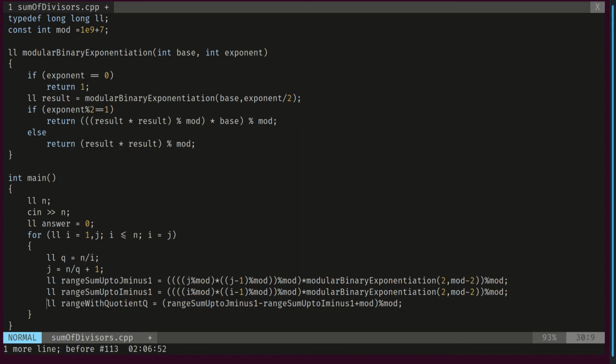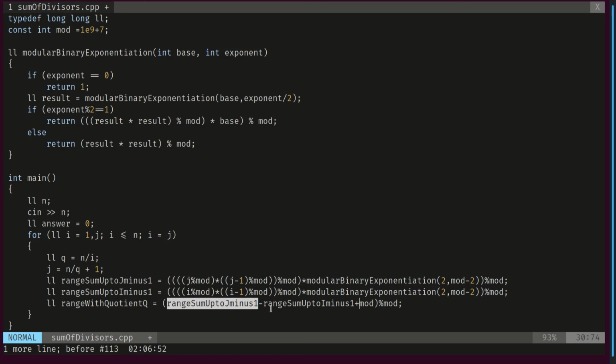So first I'm gonna compute the sum of this range, which is gonna be just the difference between the two. And notice here what I did. Whenever we are calculating some value modulo and there is a difference here, we always need to add a mod here. And the reason why we need to do that is, for example, we know that this sum is gonna be larger than this sum, but maybe when we took the modulo, this sum became smaller than this one.